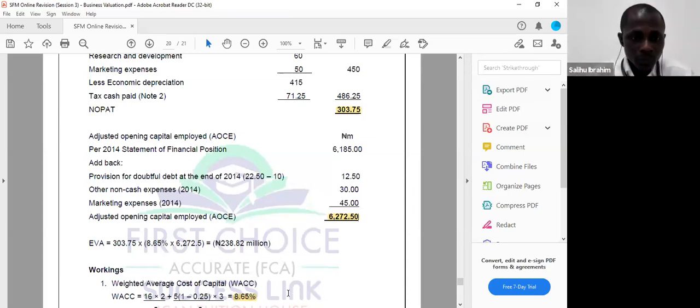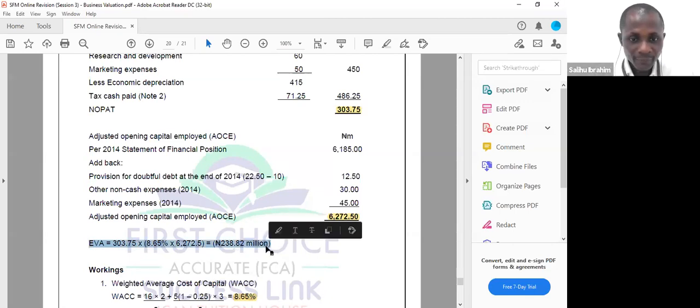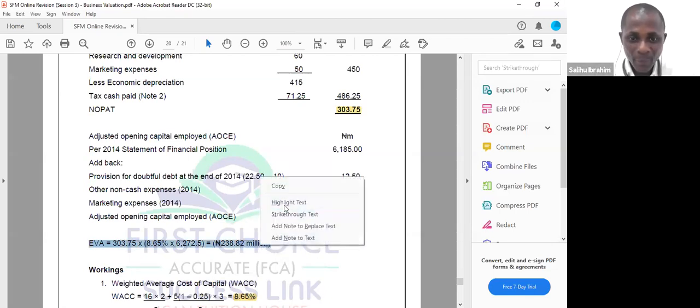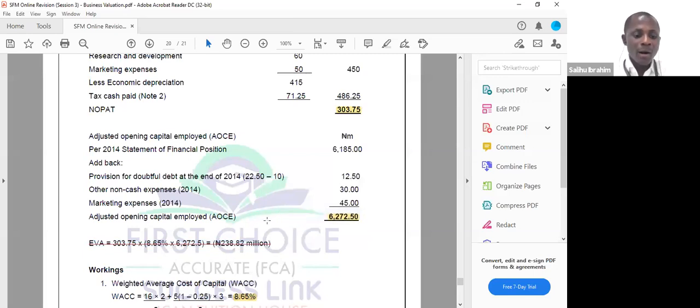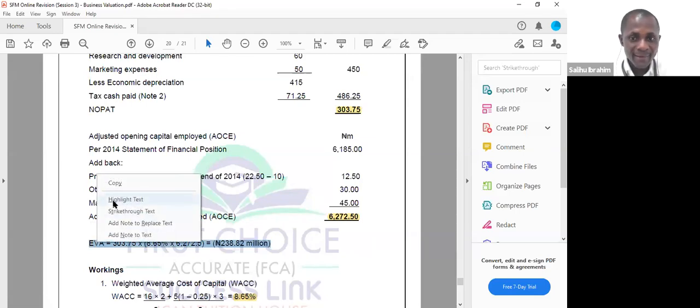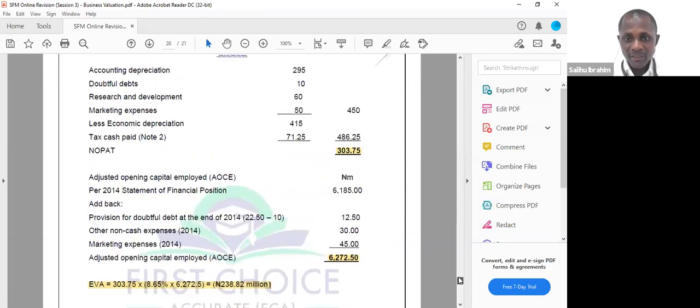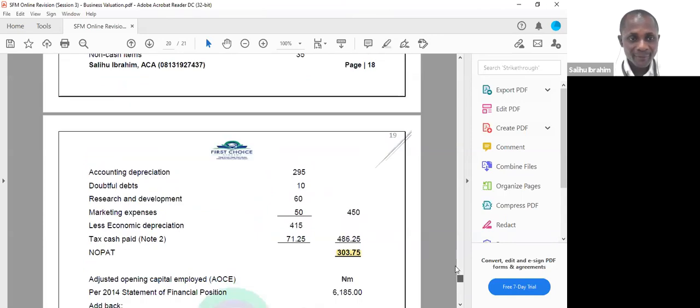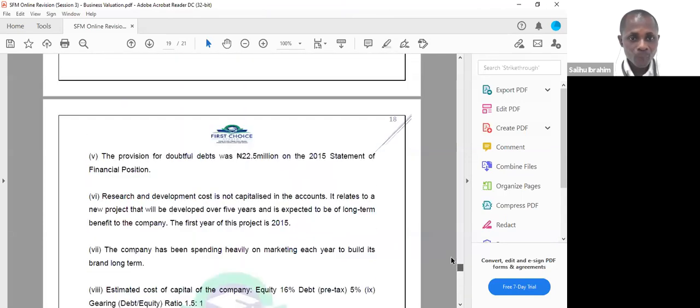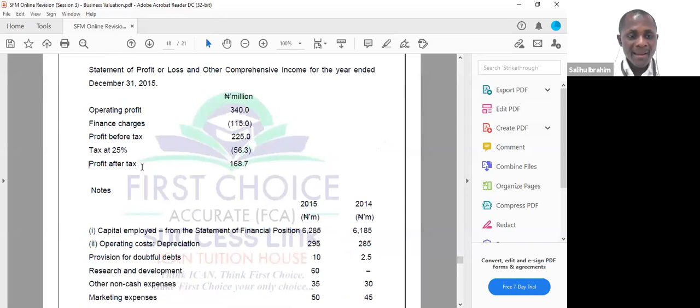Look at it here. That's what we have here. This is our EVA. Now look at what happened here. In the income statement, what profit do we have there? The company made a profit of 168.7 million.